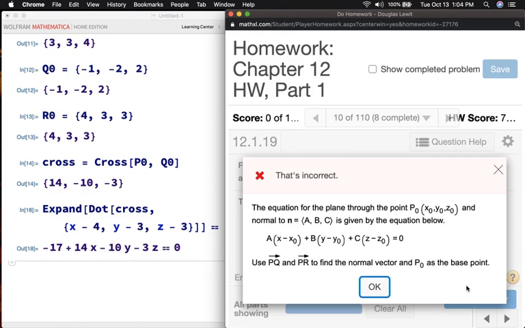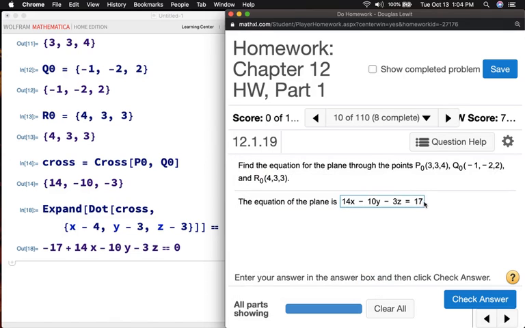Okay, so Pearson's complaining. Oh, I see what I did. Use the vectors PQ and PR to find the plane. Okay, I see what I did wrong.